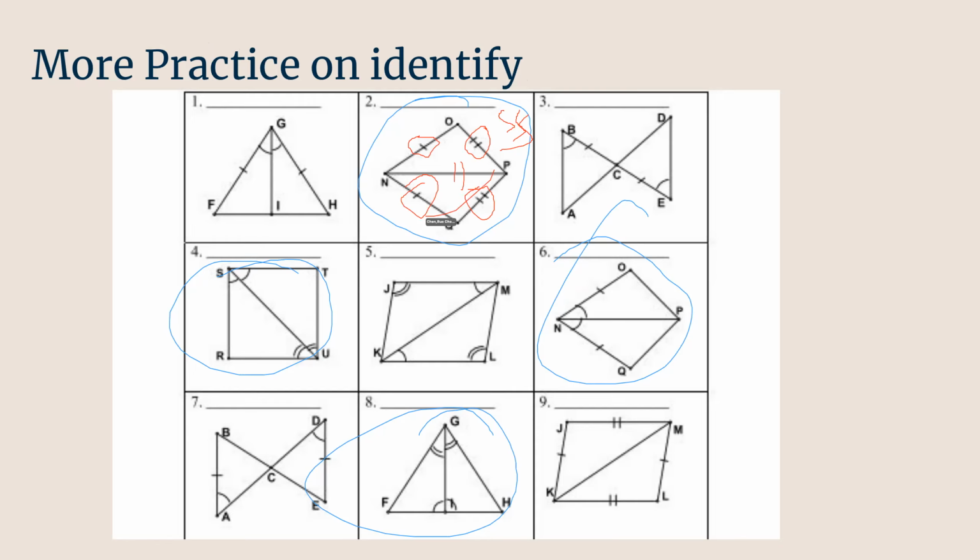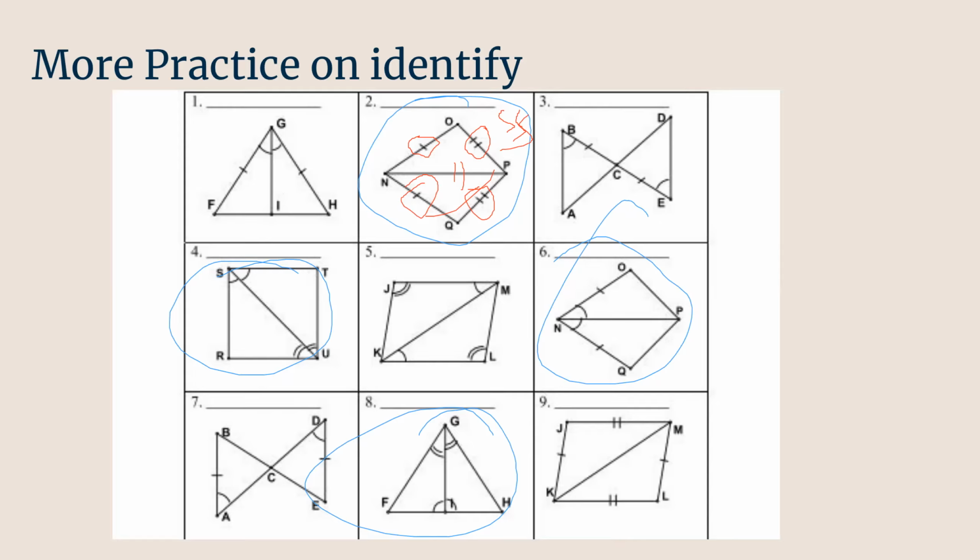So we look at problem 4. Notice that even if it looks really like a rectangle or a square, since the question didn't give you any hint that they are, don't assume they are.